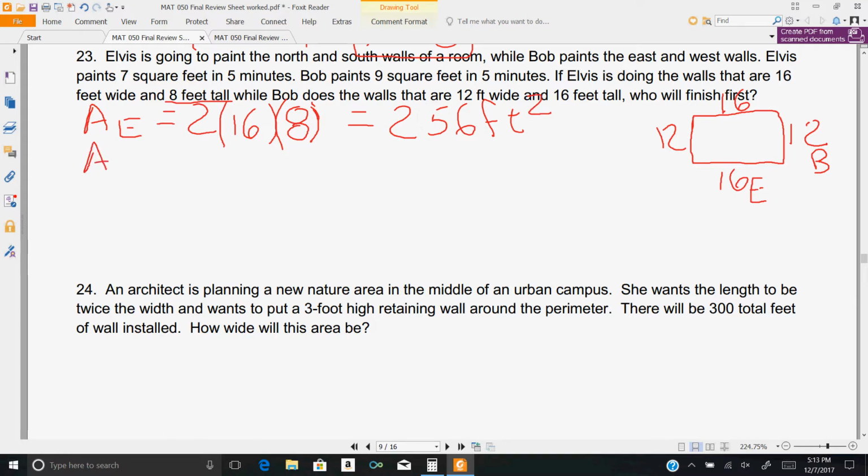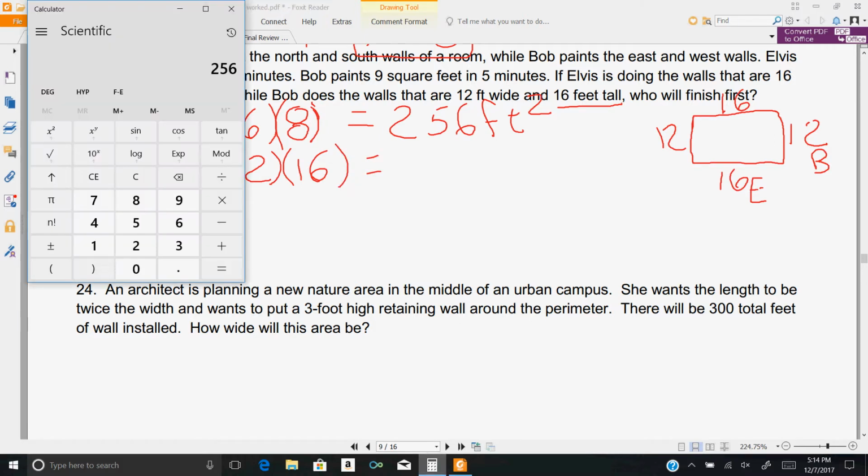The area that Bob's going to do, essentially the same idea. He's got 2 walls. The width is 12 though. And his height is 16 feet. So I go back to the calculator. 2 times 12.